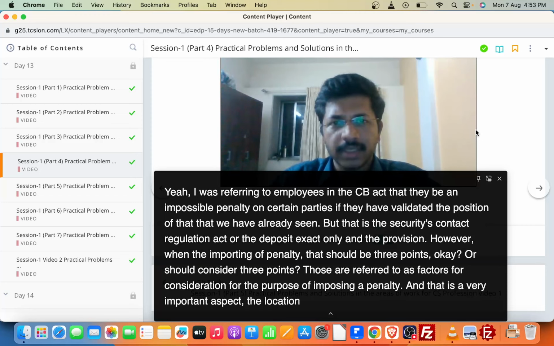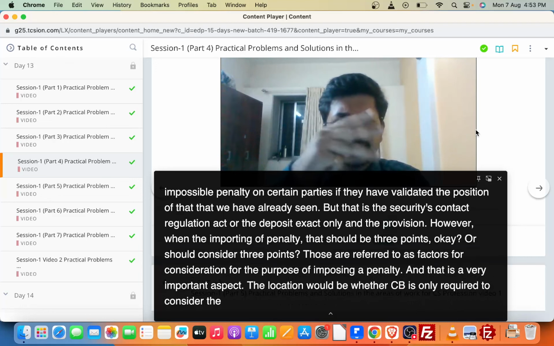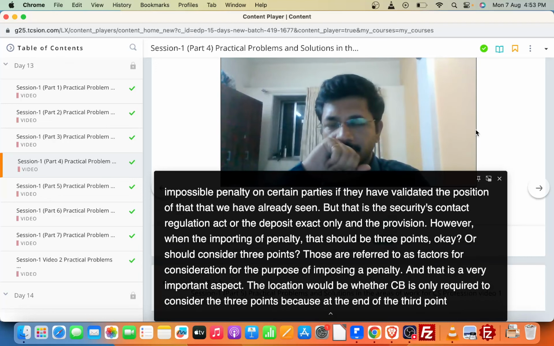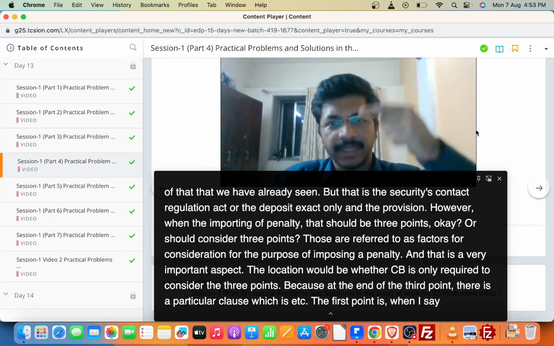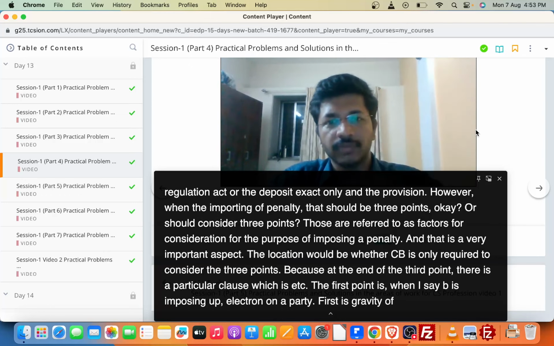So the question would be whether SEBI is only required to consider the three points, because at the end of the third point there is a particular clause which says etc. The first point says that when SEBI is imposing a penalty on a party, first is the gravity of non-compliance.